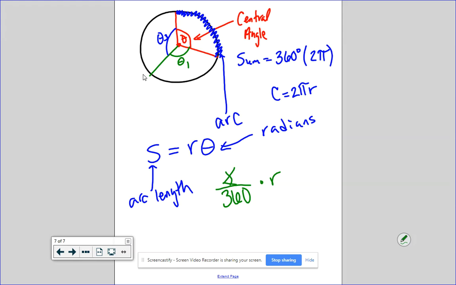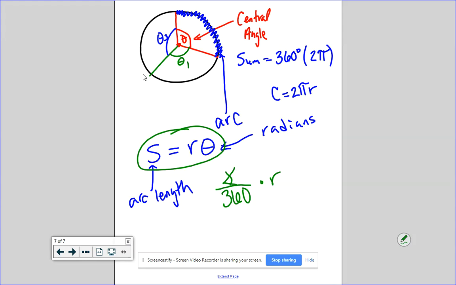Whereas in radians, you can just take r times theta. Which is why, if I had to memorize a formula, I'm going to memorize this one because it's shorter and its uses are more universal. So when we're trying to find arc length, that is the formula we want to know.